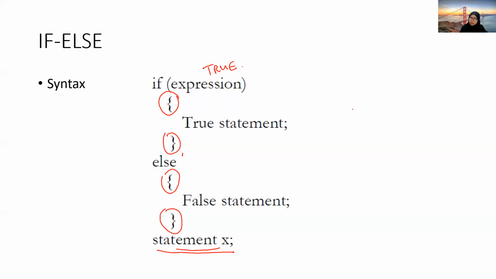You can say something like this: if x is less than 0, and then x equals to minus x, example, else x equals to 0, and then y equals to minus x, something like that. I'm just drawing some random example. So you don't have to put the curly braces if it's only for a single statement, but you put the curly braces for a compound statement.